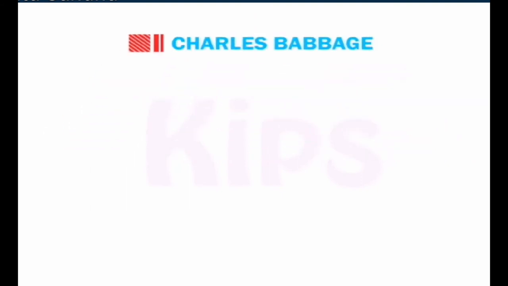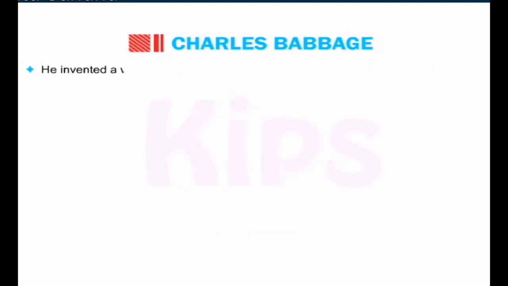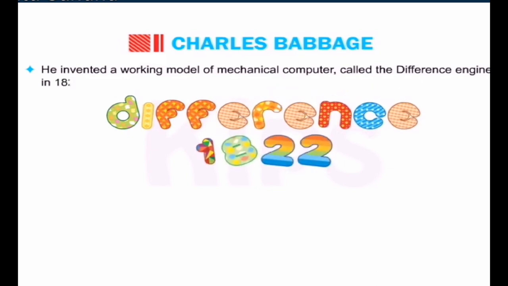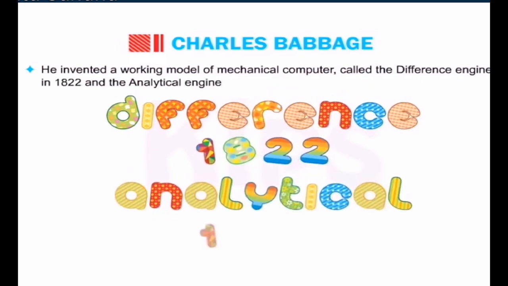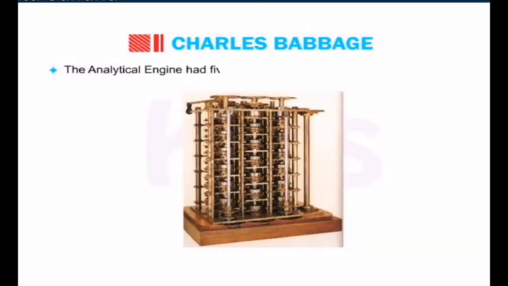Let's start with Charles Babbage. Charles Babbage, a British mathematician, is considered the father of computers. He invented mechanical computers, the difference engine in 1822 and the analytical engine in 1833. The analytical engine has 5 units: input, output, store, mill, and control.